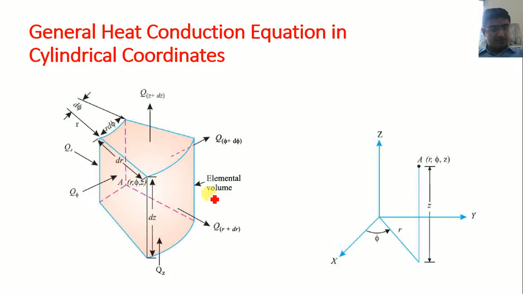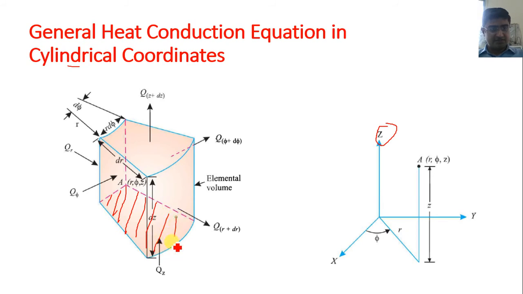Here is another direction, which is the z direction. So heat also flows in the z direction, from the bottom to the top surface of that cylindrical element. The heat input in the bottom face is shown by the hatched lines, here is the bottom surface.